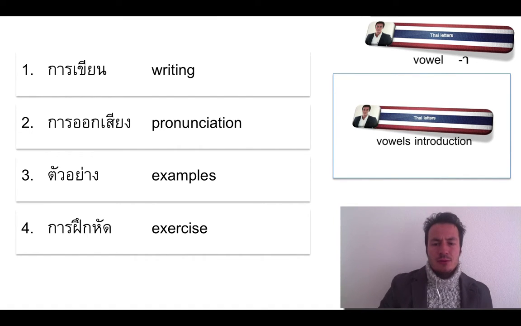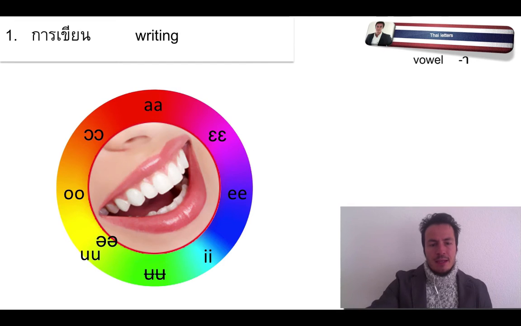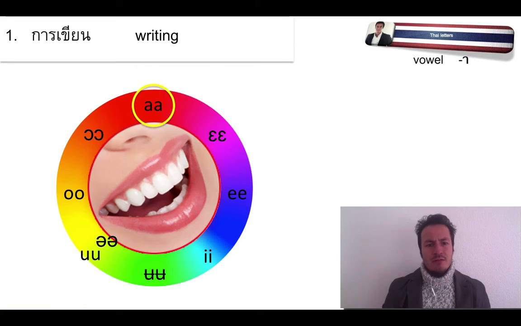I recommend to see the vowel's introduction first before you actually start with this lesson. Now, within the wheel of vowels, we will have a look at the long vowel within this lesson.